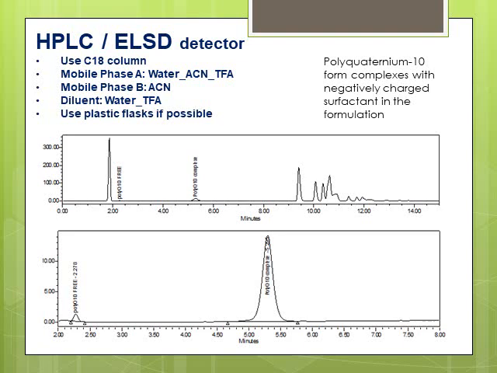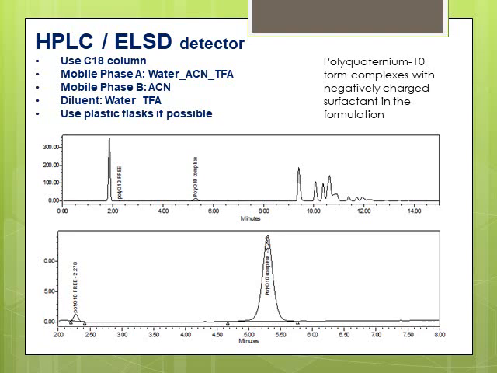The interesting thing about this chromatogram is that there are 2 peaks associated with Polyquaternium-10. One of them is at 2.2 minutes, which I call free Polyquaternium, and the other one at almost 5.25 minutes, which I call Polyquaternium complex.